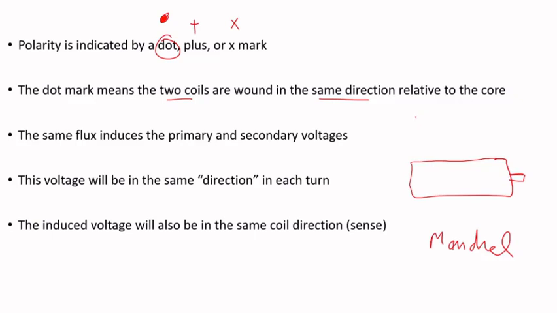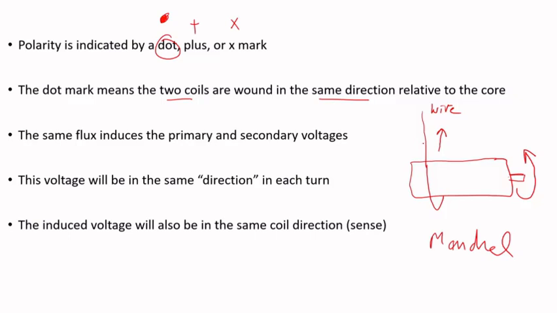Let's assume the wire is coming from here. So this is the wire or conductor. Let's assume the machine spins this way, counterclockwise. As the machine spins, the wire will go in this direction.